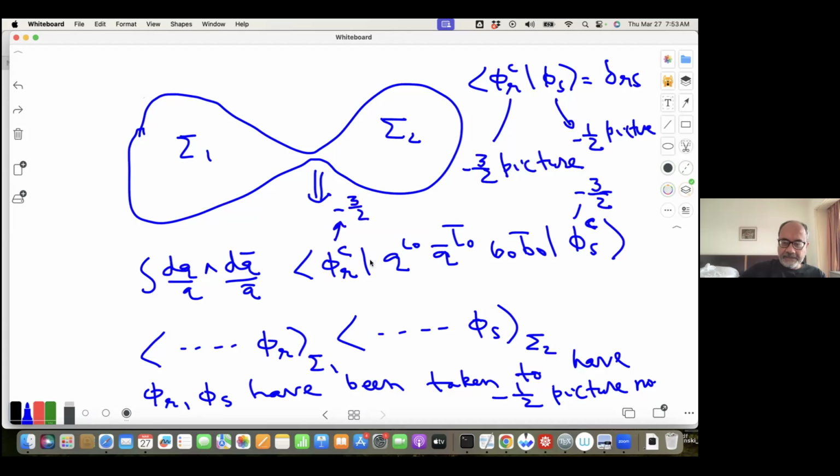And this will vanish unless there is a PCO inserted in the middle, because this has total picture number minus 3, which is inconsistent with the fact that, in order to get a non-zero answer, it has to have picture number minus 2. So we need a PCO here.